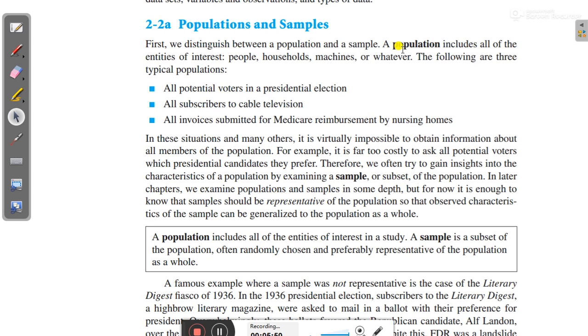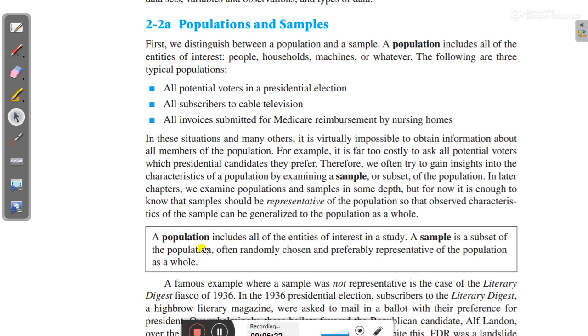If we relate it with the example that I discussed previously: all potential voters in presidential elections, all subscribers to cable television, all invoices submitted for Medicare reimbursement by nursing homes, all these can be a population of the US. But our sample of analysis is this part, the voters whose votes.